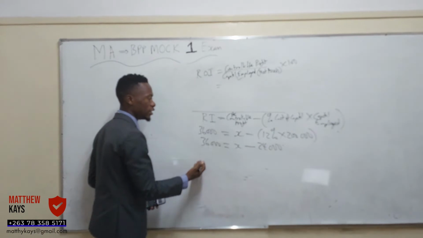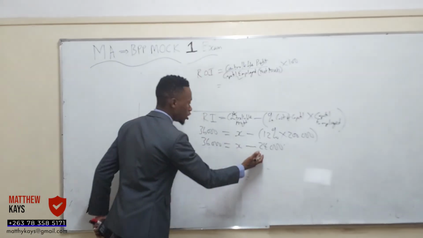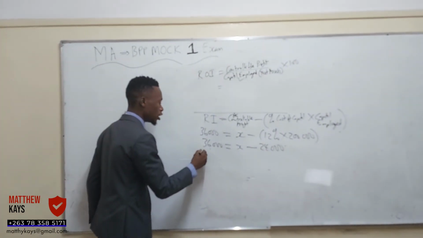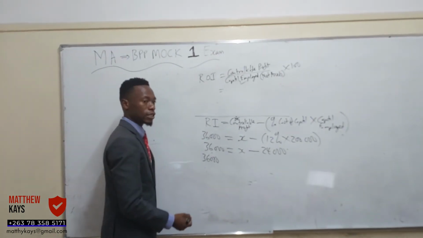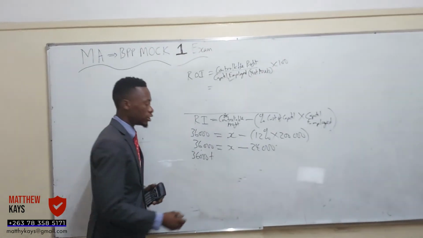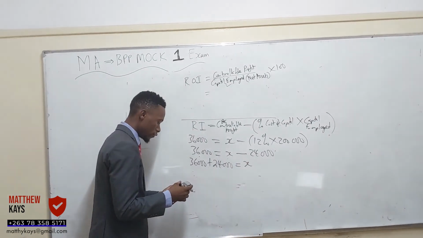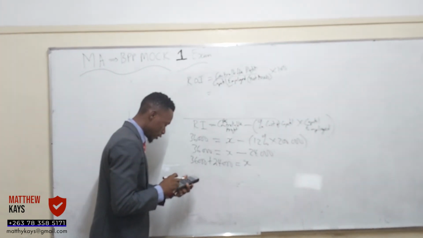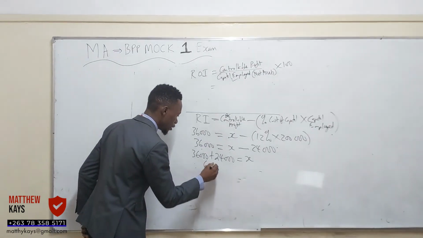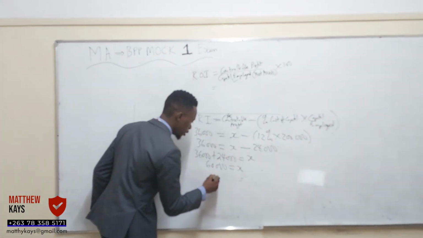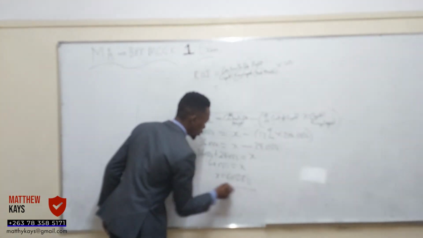Now how do you make X the subject of the formula? The 24,000 goes to this side. So at the end, 36,000 will be married to 24,000. If you add 36 plus 24, that will be 60,000. So X here is 60,000.